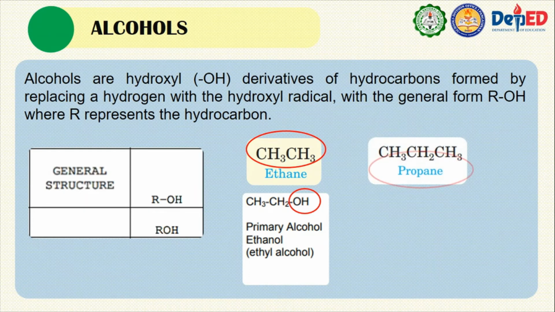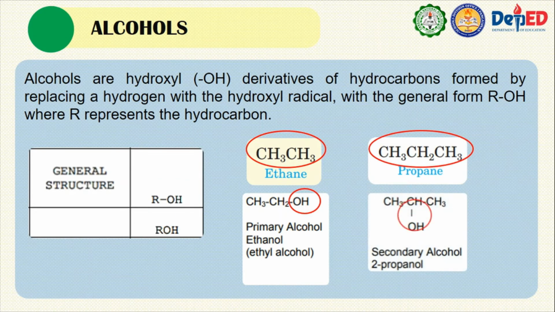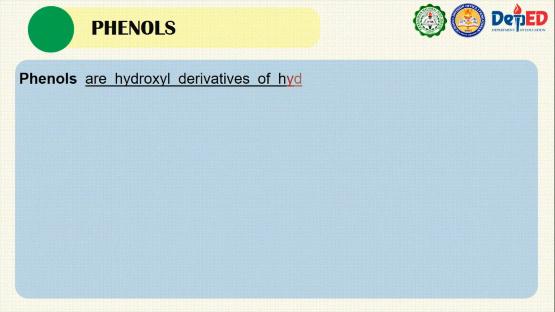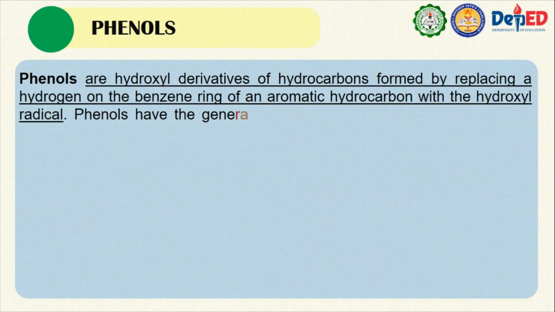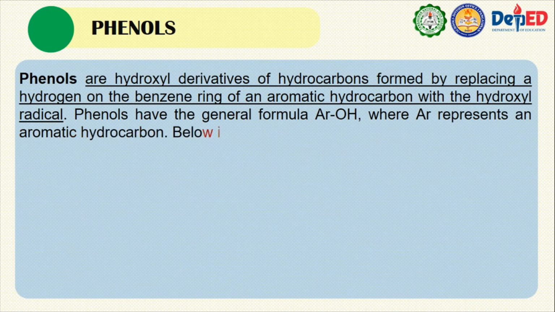Another one, we have propane, replacing a hydrogen with a hydroxyl radical, so it is called propanol. Since the hydroxyl radical is bonded on the second carbon, we should indicate it and call it 2-propanol, or popularly known as isopropyl alcohol.